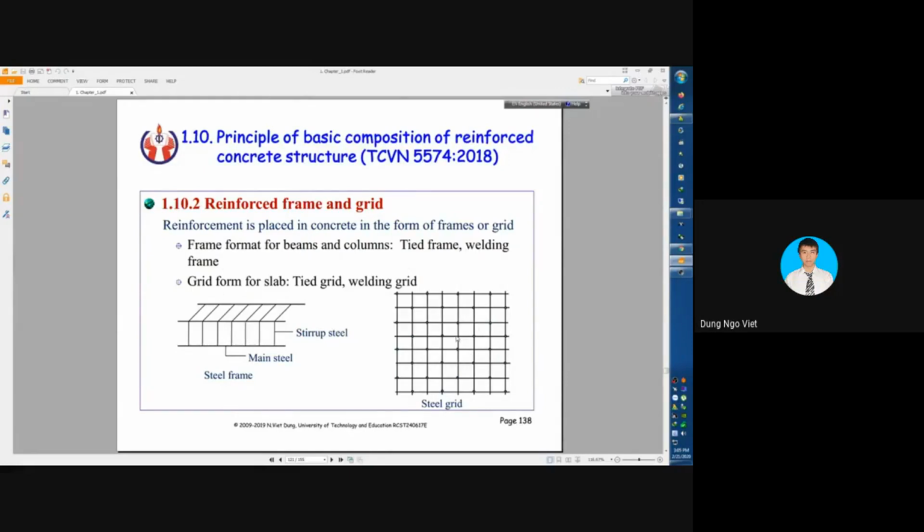And this is the grid form of reinforcement. This form is often used in slabs, with tie grids and welding grids. And here we have the steel frame with the main steel and shear steel.